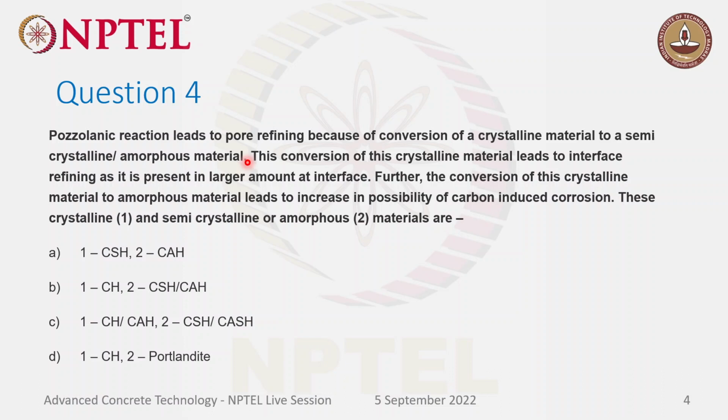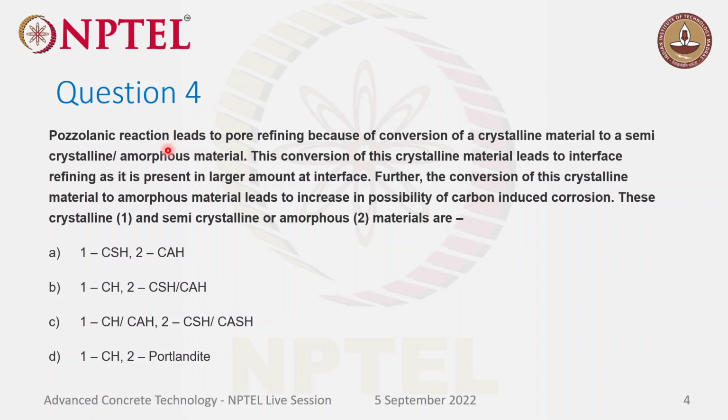So it will form CSH, Portlandite, AFM and AFT phases. Calcium aluminate hydrate will form if a sufficient amount of sulfate is not present in the cement. But we generally add 4 to 5% of gypsum in ordinary Portland cement, right? So there will be enough gypsum, so it will form AFT and AFM phases.